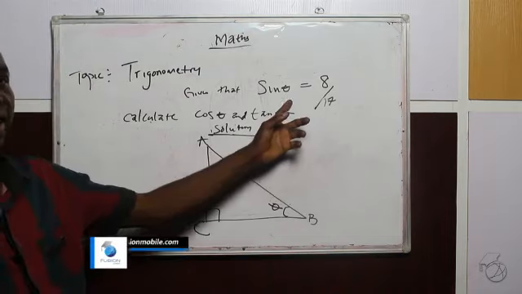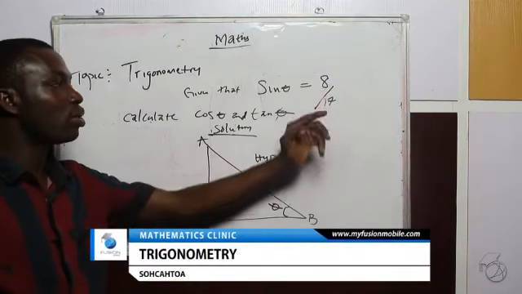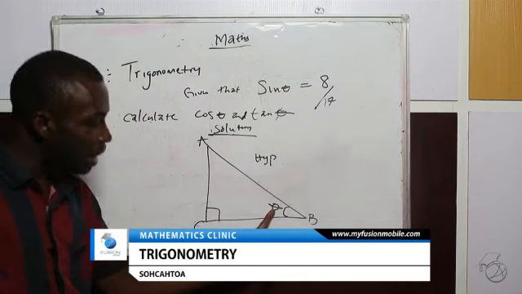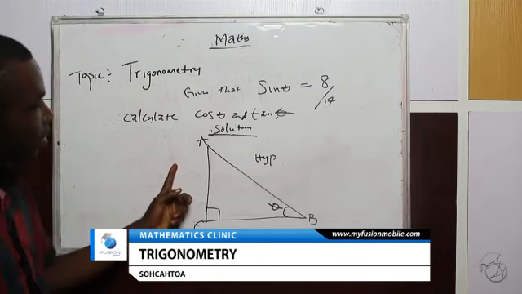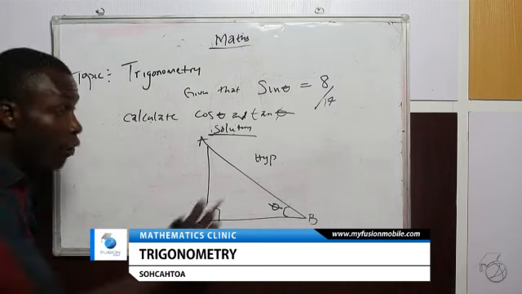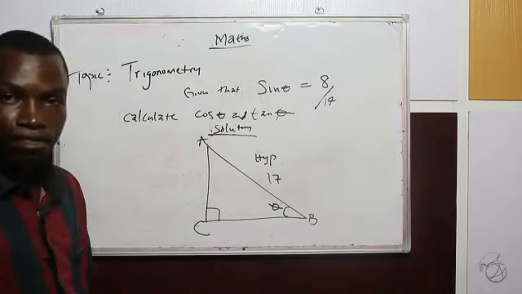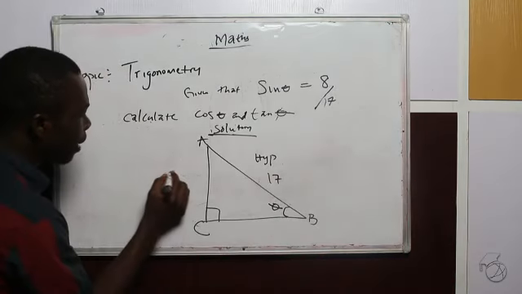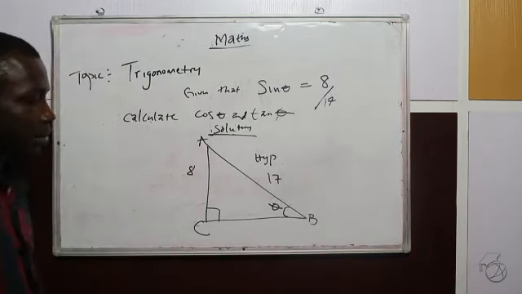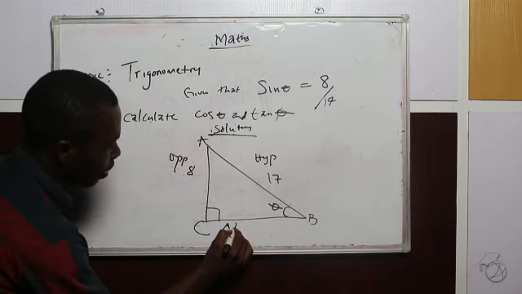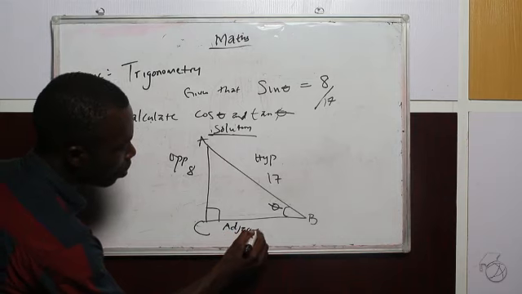Now, the question said sine theta is equal to 8 over 17. Therefore, our sine B is equal to opposite over hypotenuse. Therefore, our hypotenuse side means 17, and the opposite side means 8, whereby the adjacent side is unknown.